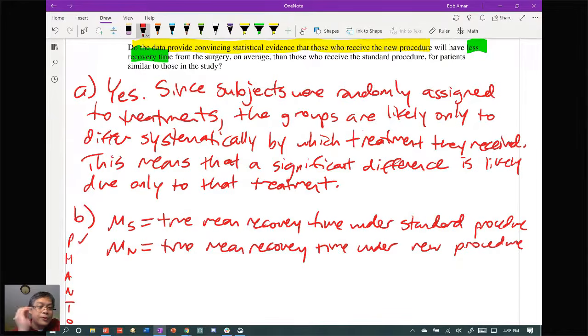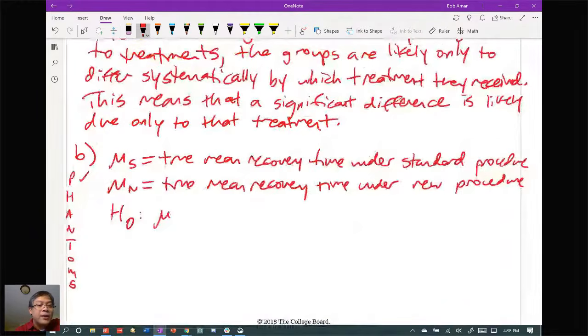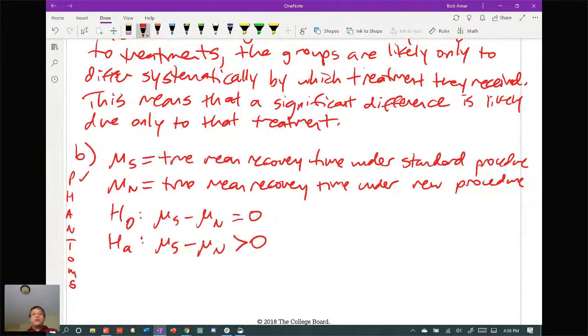Those are my parameters. My hypotheses need to be stated in terms of these parameters. My null hypothesis is that there will be no difference between the two.